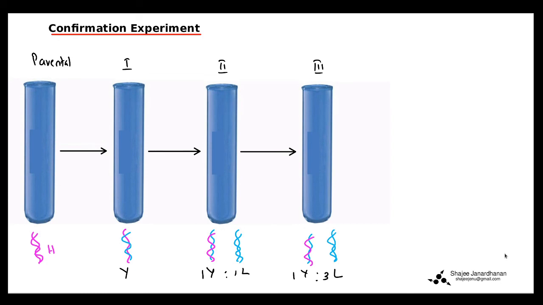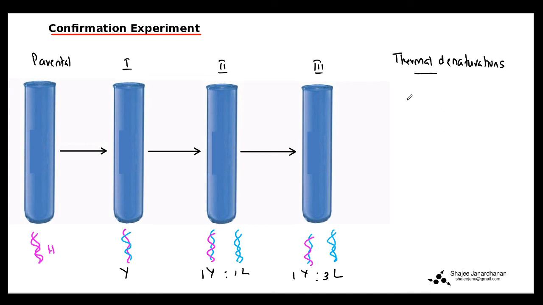Finally, we arrive at the confirmation experiment, which confirmed the findings of the classical Meselson and Stahl experiment. This experiment was also conducted by Meselson and Stahl themselves. They did a thermal denaturation experiment along with the classical principles of the Meselson and Stahl experiment.